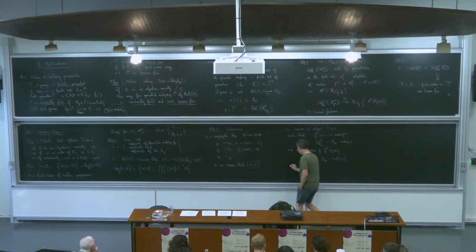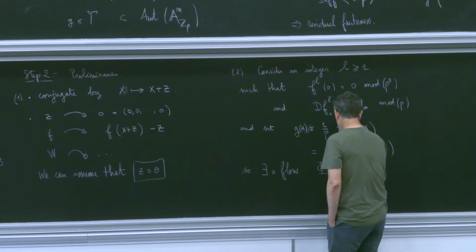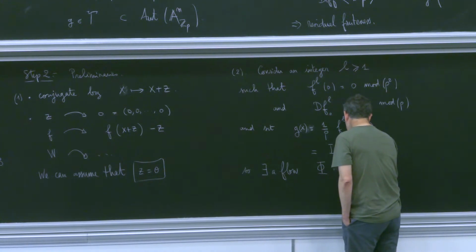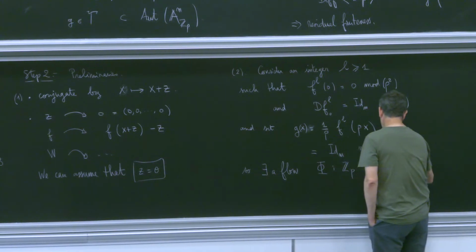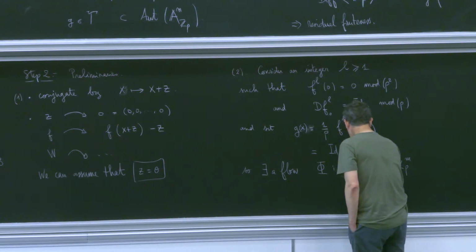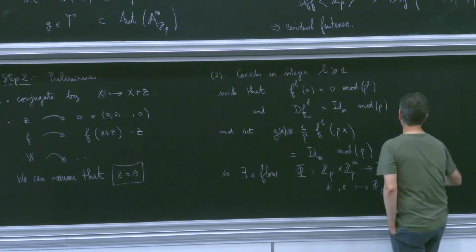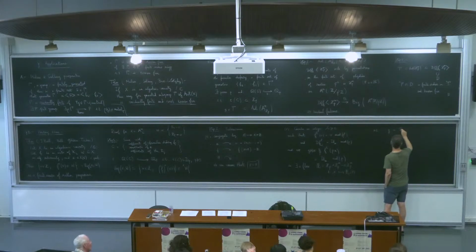So I know that there exists a flow from Zp times Zp to the m to Zp to the m, (t, x) maps to phi index t of x, such that g is phi at time 1.